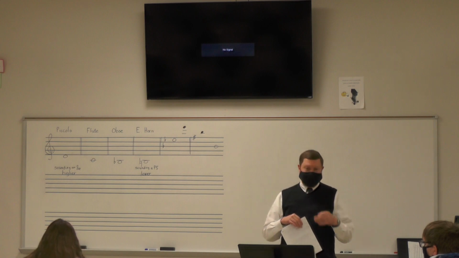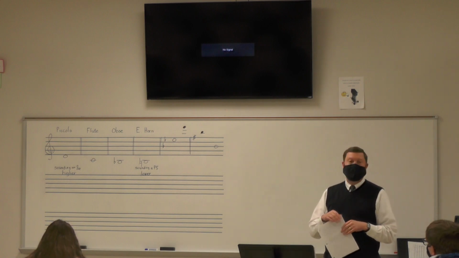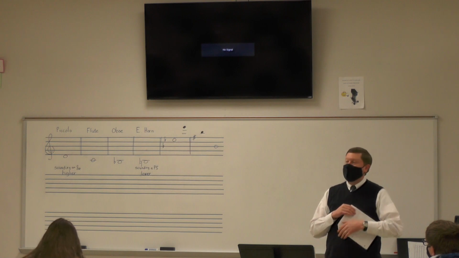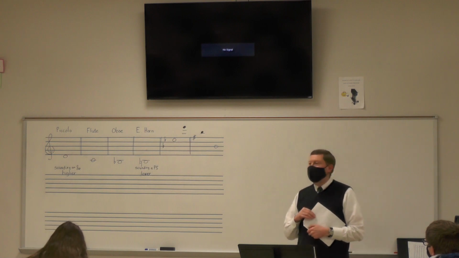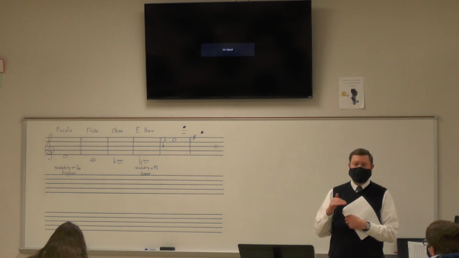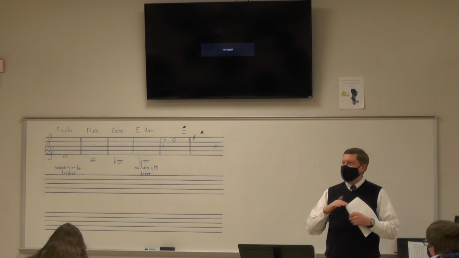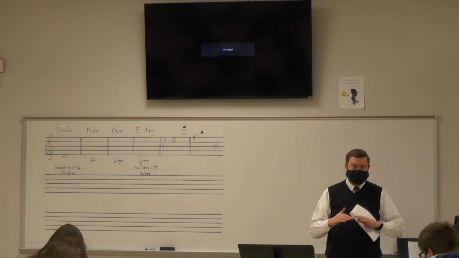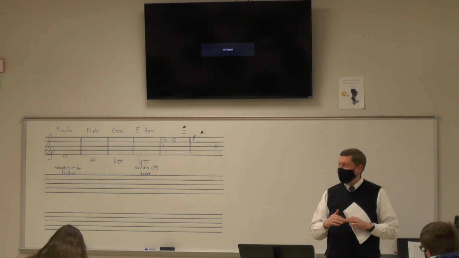The oboe does not have the melody. The oboe has, let's say, an inner line that's not as important as the melody. What happens, though, if you raise the dynamics for the oboe line a little too much, or if you put it in a high range for the oboe, is it going to be softened underneath the melody? No, not very much.